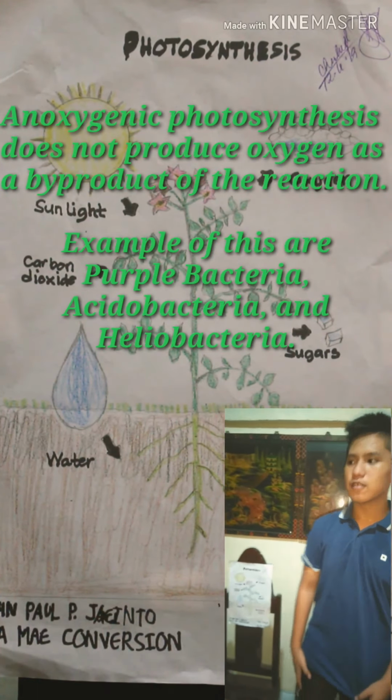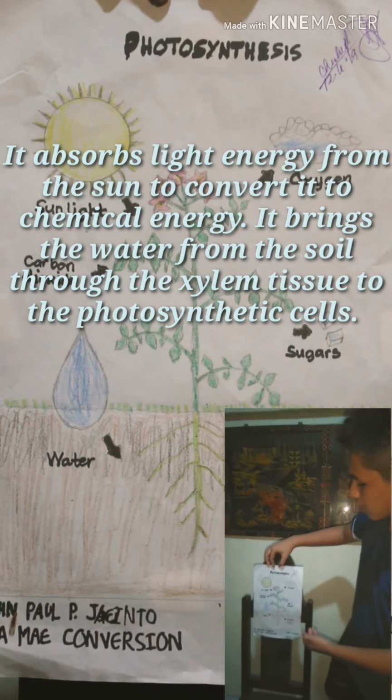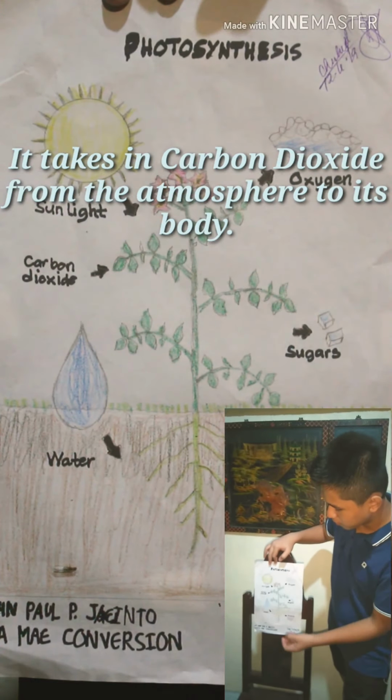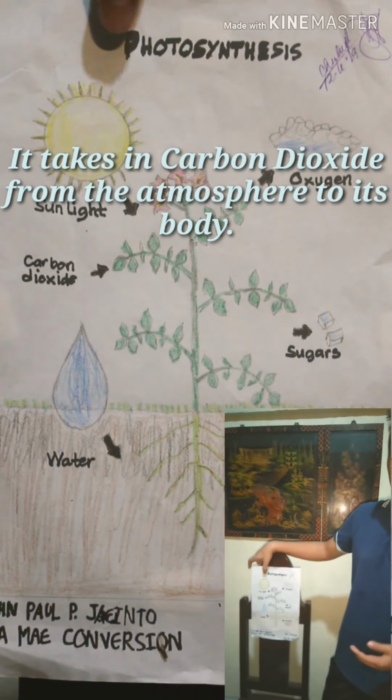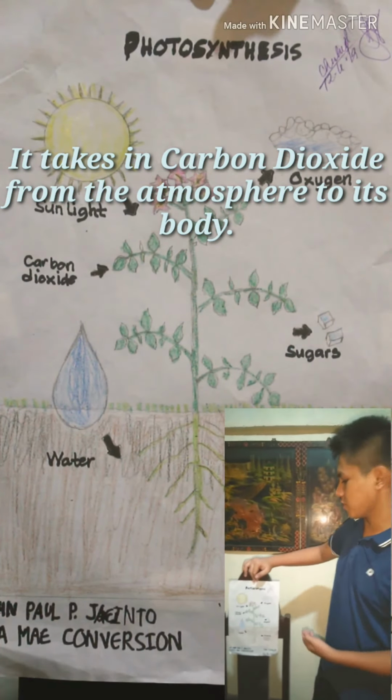Their way is to absorb the light energy produced by the sun, and also absorb the water from the soil, and the carbon dioxide that we produce after respiration.